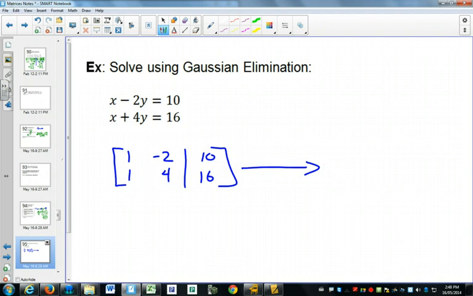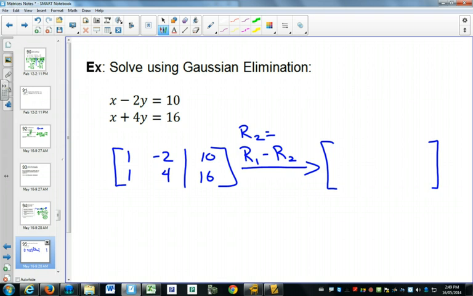Can you see if I take row 1 and subtract row 2, that would give me a 0 there? So for my work, I'm going to tell myself that I did row 1 and I subtracted row 2. Maybe I even say row 2 is now going to be equal to row 1 minus row 2.